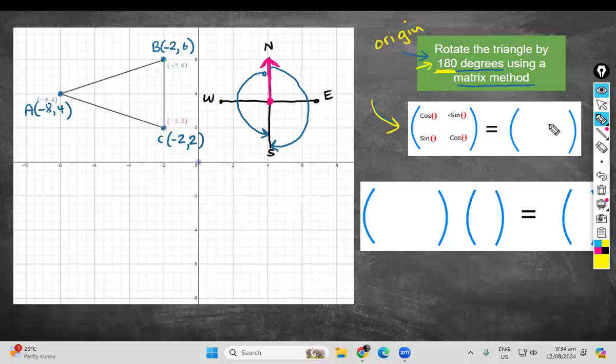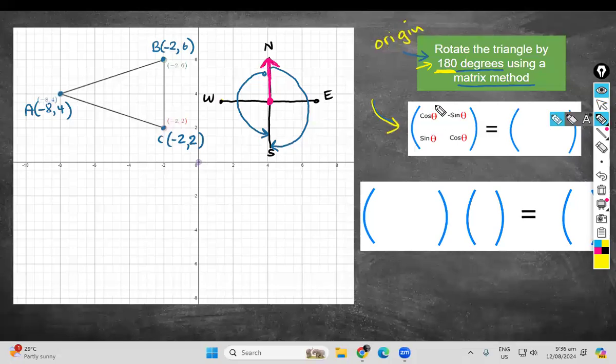And send the matrix for me. All I'm asking you to do is get the 4 values in the matrix that will allow me to rotate that triangle by 180 degrees while assuming the center of rotation is the origin. So send the 4 values for me.